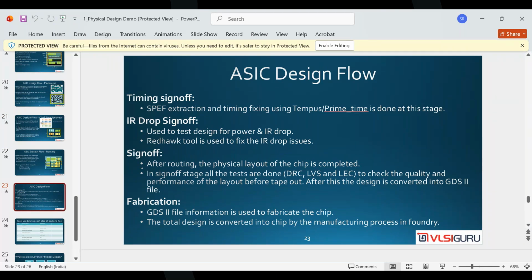In physical sign off, we will be checking DRC, LVS, and we will also have LEC, CLP, that is logical equivalence check as well as conformal low power checks. All these checks are part of sign off. Once all these sign off checks give the green flag to your design, then you can generate the GDSII file which can be sent to the fabrication lab, right?